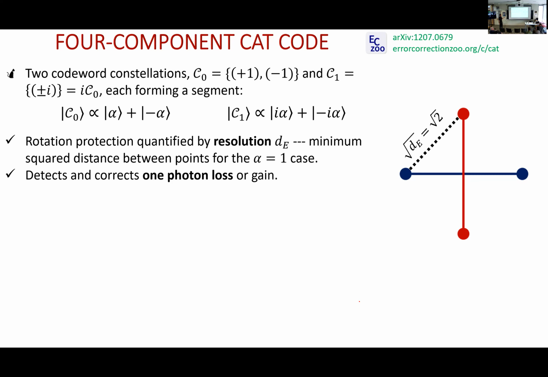And so this photon loss operator, you can think of as inducing a potential on the sphere. You can think of it as a bad environment trying to sniff out what your logical information is by inducing a potential and seeing whether that potential can distinguish the 2 different code words, logical 0 and logical 1. So we have to look at what are the averages of that potential over the points in the constellation.